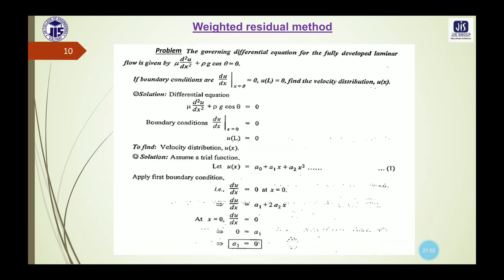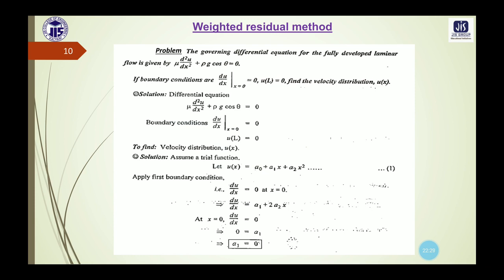So what we have done in this numerical: the residual was given here, and the two different boundary conditions were given, and based on this given data we had to find the velocity distribution equation. For that we first assumed one trial function based on the polynomial function. In the trial function we entered the two different boundary conditions which are given.